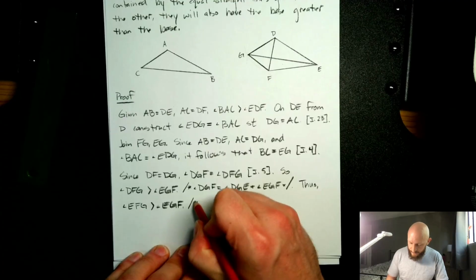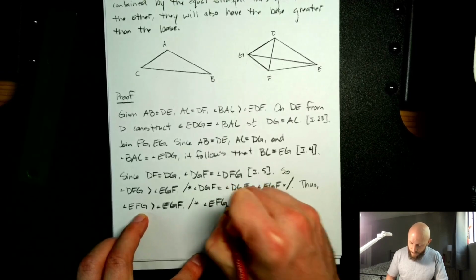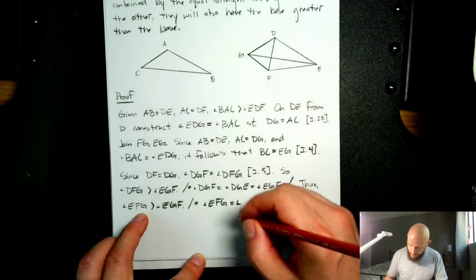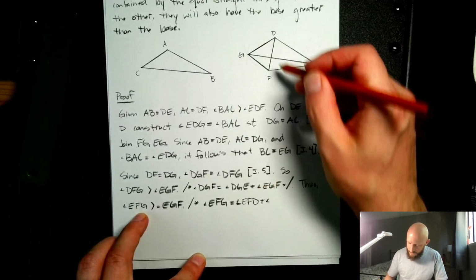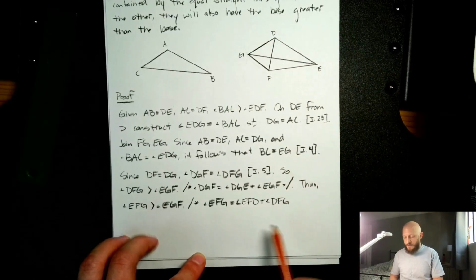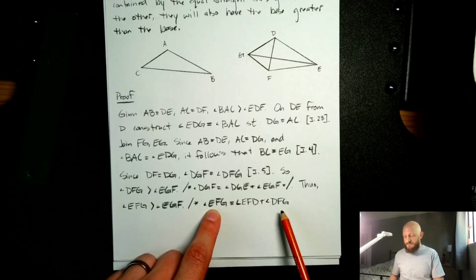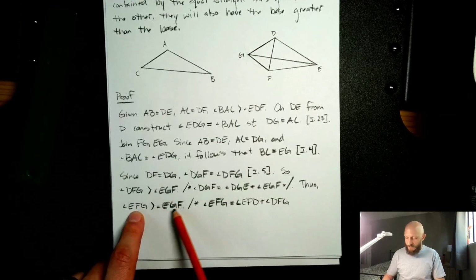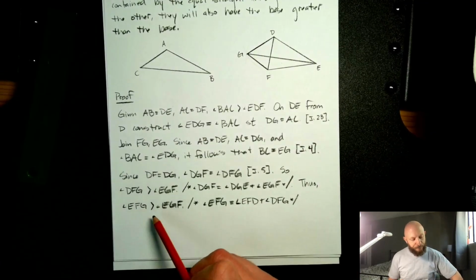And this is because angle EFG is equal to angle EFD plus angle DFG. And so from this equality, we get that angle EFG is greater than angle DFG, and angle DFG is greater than angle EGF. So this chain of inequalities is what gives us that EFG is greater than EGF.